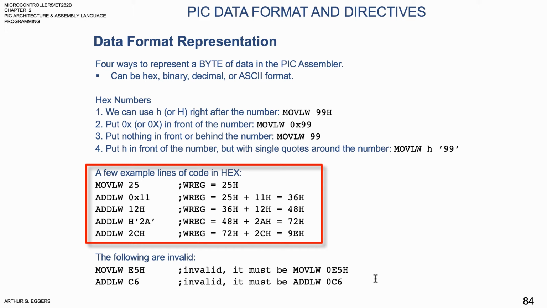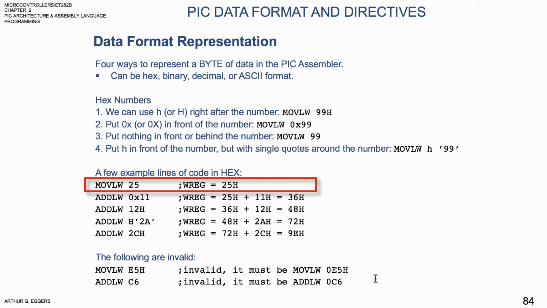Now let's look at some examples here. Okay, we're going to take a look at an example of code. movlw 25. We know that that is telling us to move the hex value of 25. You notice it had no other value around it, no hex, no H, no nothing.